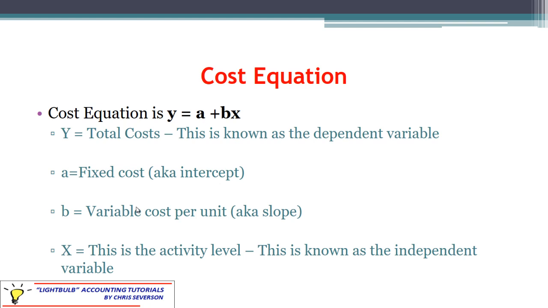Finally, we have X. This is the activity level itself. So this is what we plug in to try to identify what cost will be at that activity level. We're guessing at what cost will be at 1,000 units, 2,000 units, 3,000 units. So X is an independent variable. It does not depend on anything else.